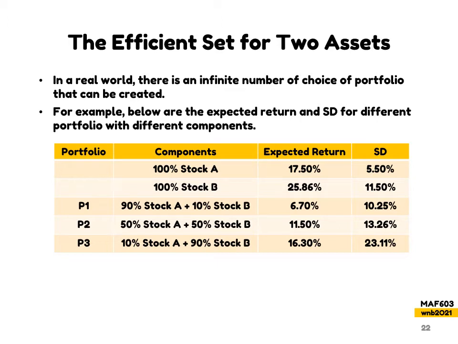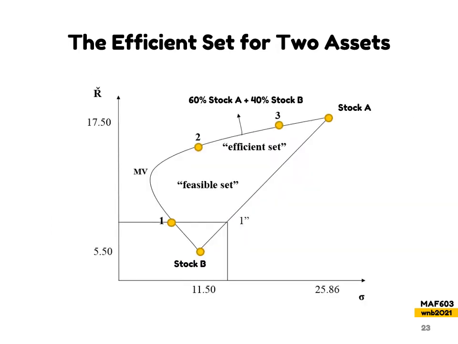As you can see here, each combination of stocks, or each portfolio, will have a different expected return and also a different risk, the SD here. If we illustrate the combinations of assets from the previous slide in a diagram, we can see it in this slide.